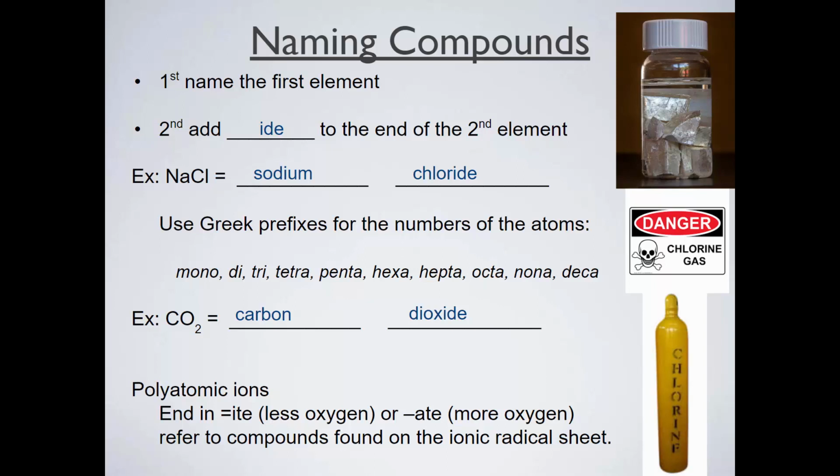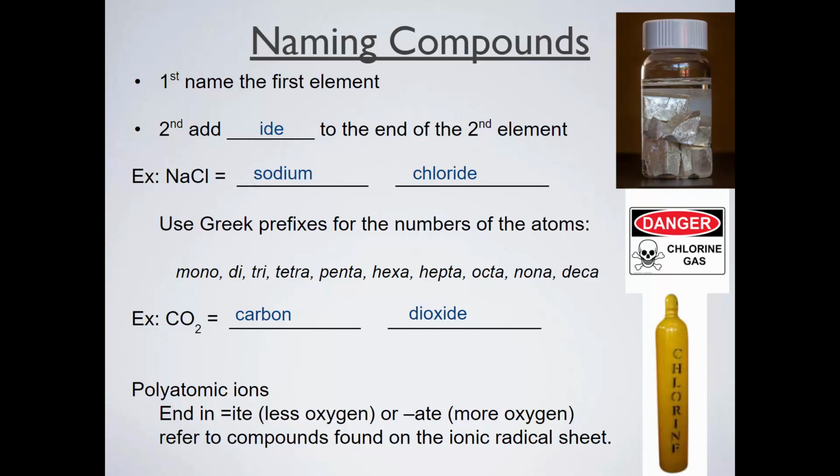If you look on your radical sheet, which you have, those radicals are also called polyatomic ions. For those, you probably noticed they have endings in common. Like there's nitrate, sulfate, carbonate, acetate. And there's nitrite, sulfite, phosphite. Those endings mean something.